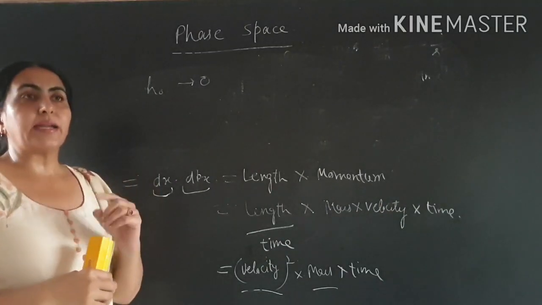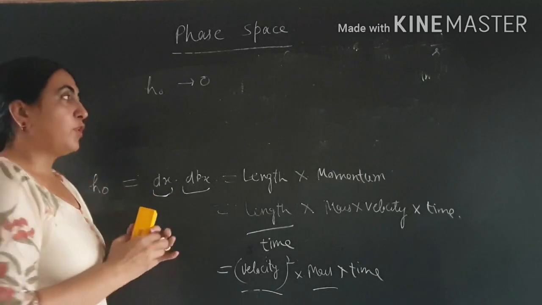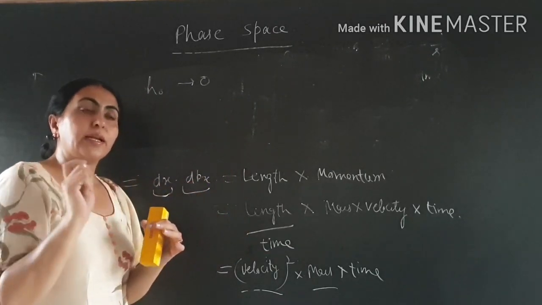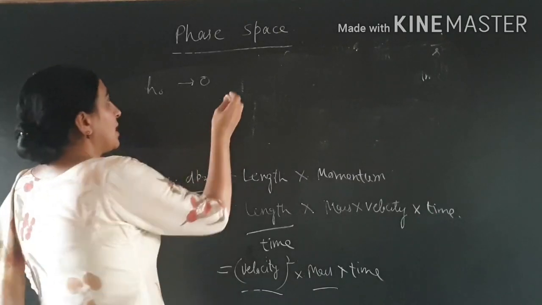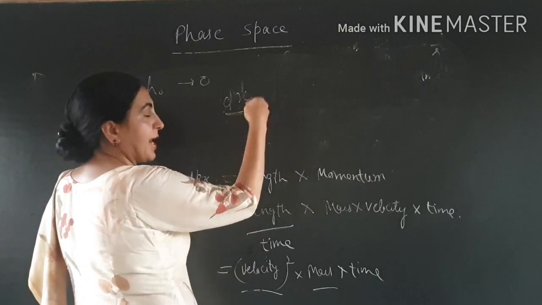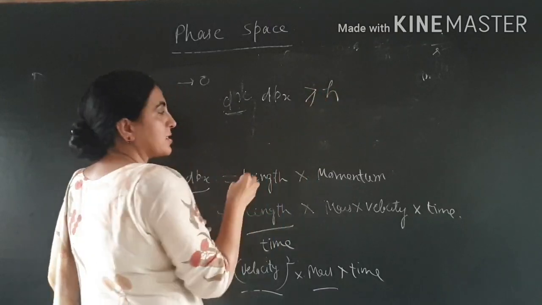But in quantum mechanics this is not possible, because, as all of you know, according to the uncertainty principle, dx dpx is greater than or equal to h.